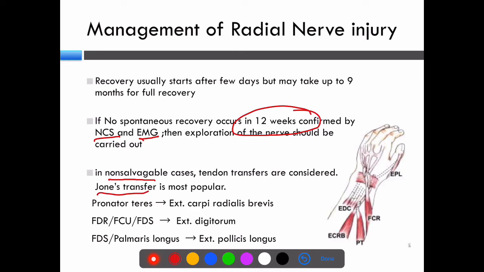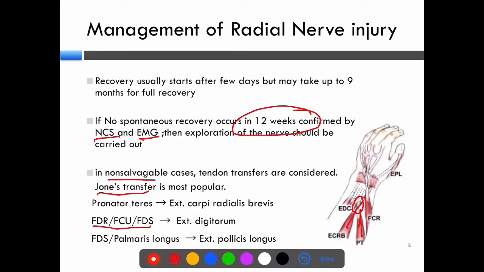We transfer the muscles supplied by the ulnar and median nerve to the muscles supplied by the radial nerve. As you can see, in Jones transfer, the pronator teres is transferred to extensor carpi radialis brevis. So pronator teres contraction will produce extension of the wrist.